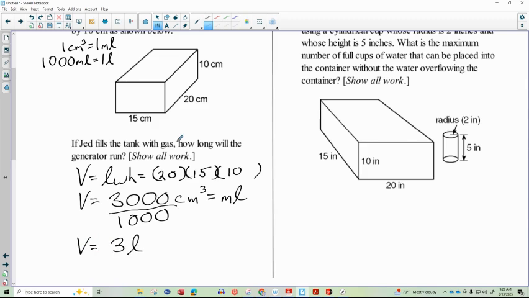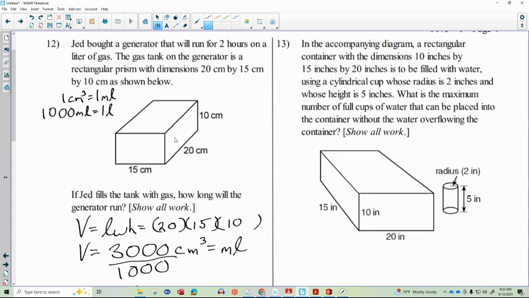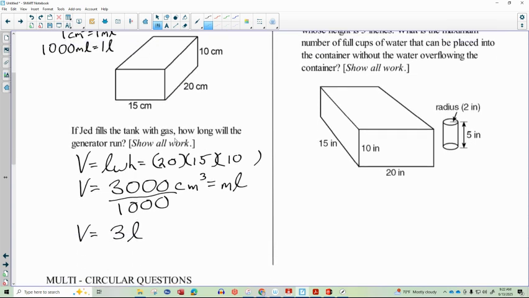It told us up here that you get 2 hours for every 1 liter. If I get 2 hours for 1, I get 4 for 2, and I get 6 for 3. We just have to multiply that by 2. And the answer to this question is you get 6 hours.